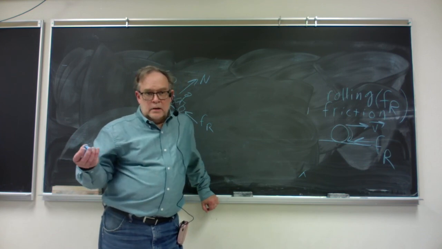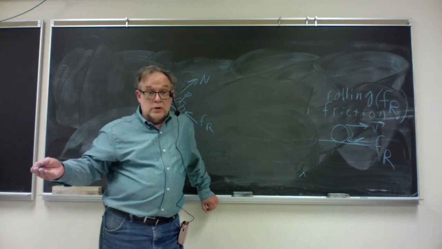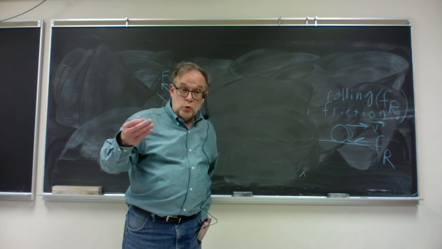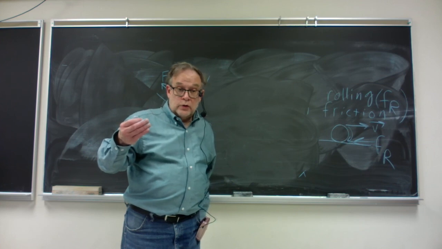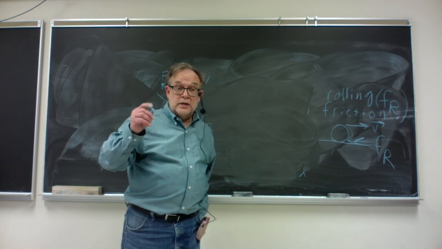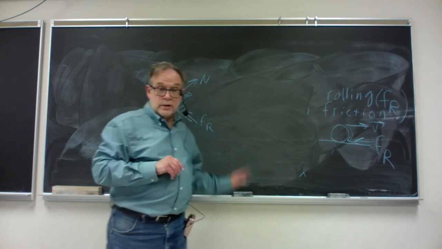Every other situation you would analyze the same way. Just take your list of forces and see which ones are present. One important clue when you're trying to find the forces is to look at everything that is in contact with the object that you're interested in.